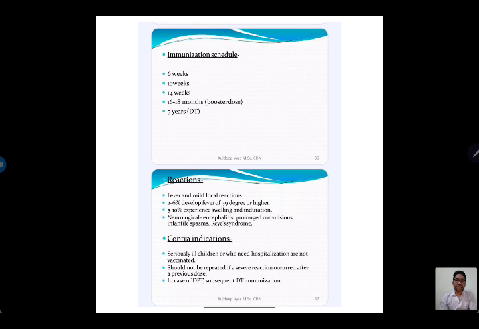Neurological reactions: encephalitis, prolonged convulsions, infantile spasm, Reye's syndrome. Contraindications: seriously ill children or those who need hospitalization are not vaccinated. It should not be repeated if a severe reaction occurred after a previous dose. In case of DPT, subsequent DT immunization.